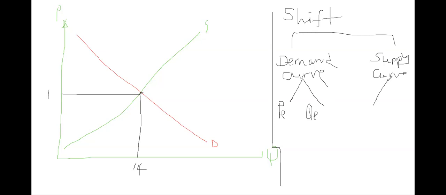And if there's a shift in supply curve, how is this going to affect equilibrium price and equilibrium quantity? This is what we are going to look at.